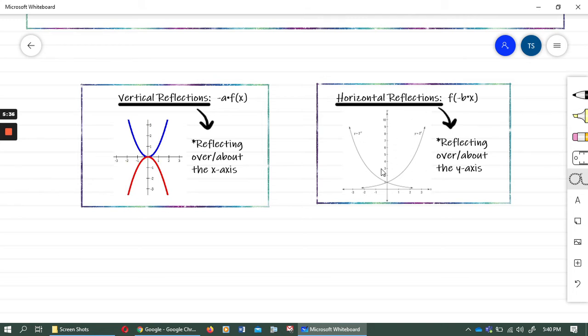With this general form, horizontal reflections are reflections over the y-axis, and the only time you're going to have a horizontal reflection is when you have some number multiplied on the inside of the function.